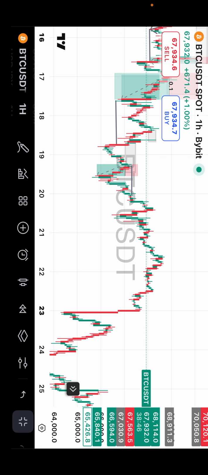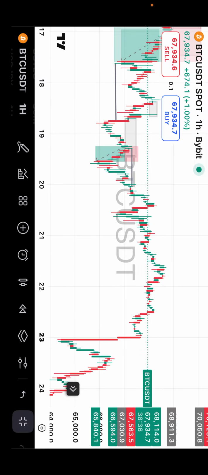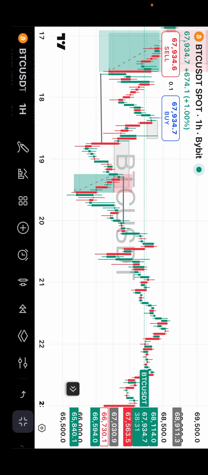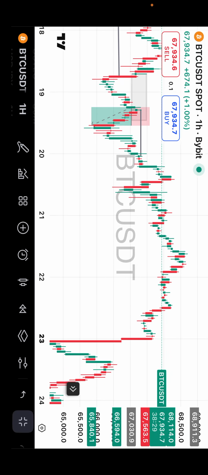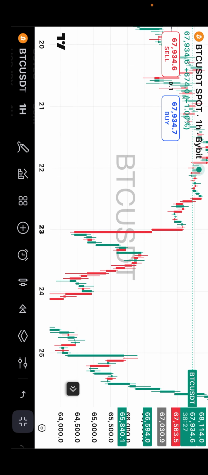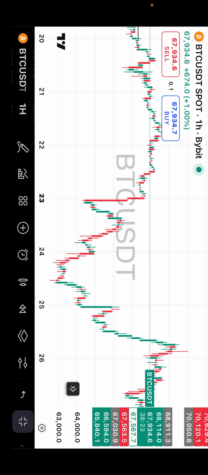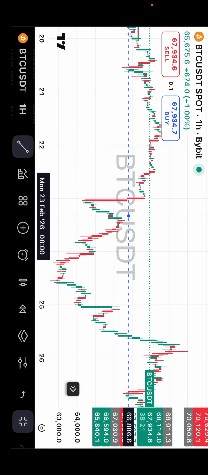Sometimes you need to follow the market trend. You need to be sure about the market movement. That is why market structure is very, very important. At this point the market trend has turned bullish, but the bullish trend did not last for long. And then it did what? It started selling again. At this point here, we had another break of structure to the downside.